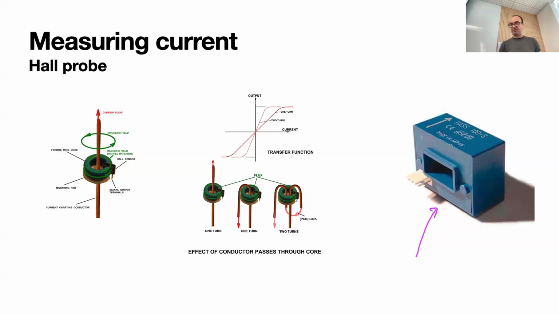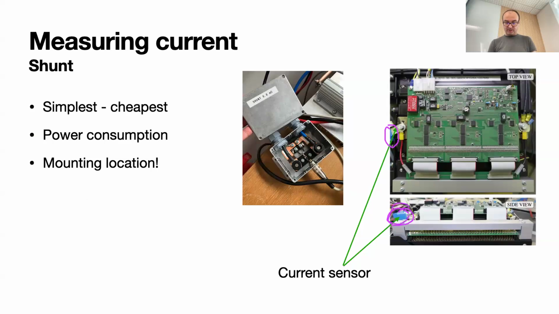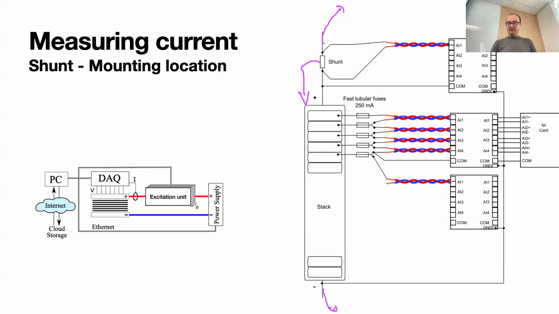It has really high frequency response, it doesn't influence the flow, and it doesn't draw much power. So for any industrial applications where power is important, we are using Hall probe sensors. As you can see, this is exactly the one that we were using here, the blue sensor, and it's easy as is.